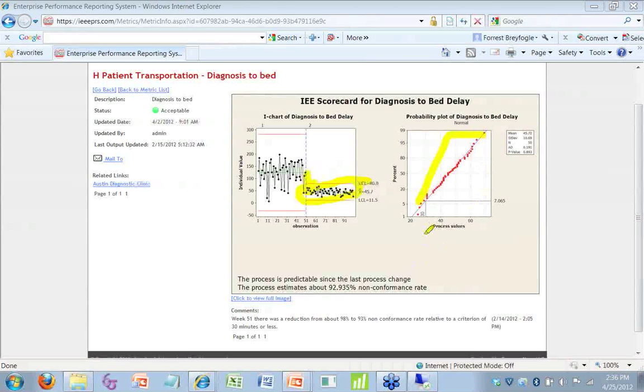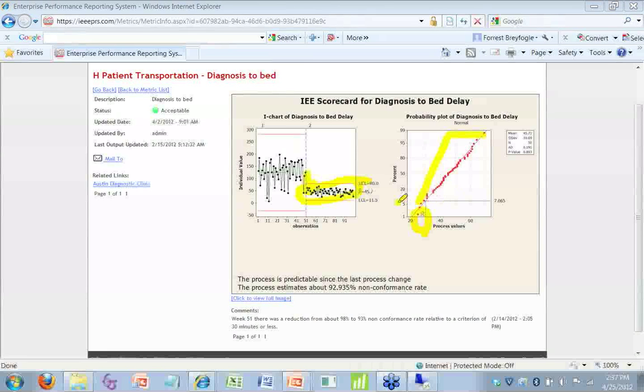Well, in this particular case, we had a spec. We wanted to have it less than 30 minutes. But what's happening, even though we made an improvement, we're still not doing very well, because we got a large percentage over here that's not meeting it.